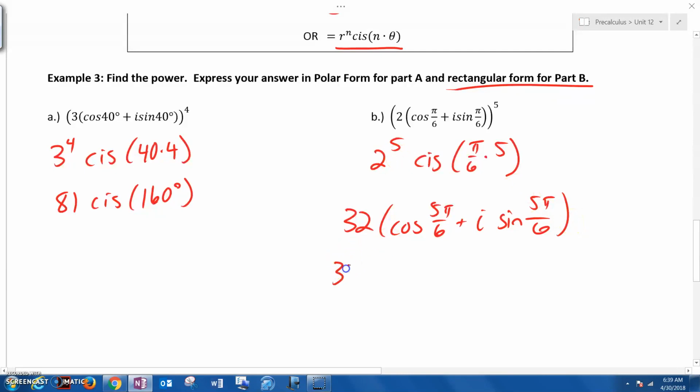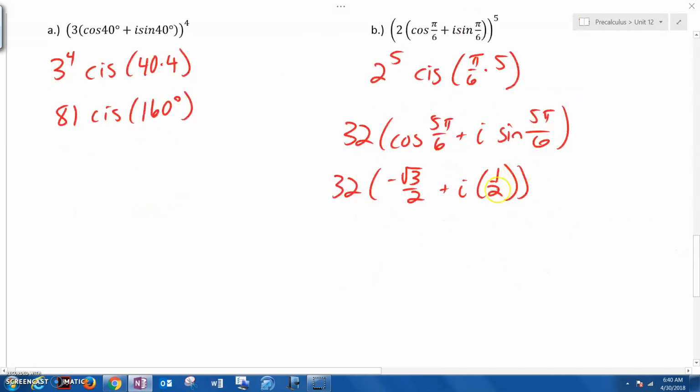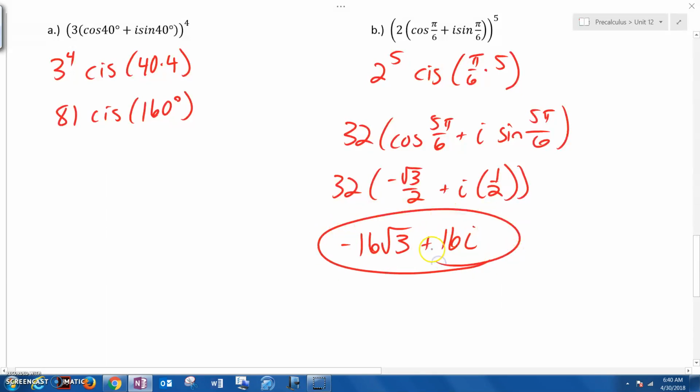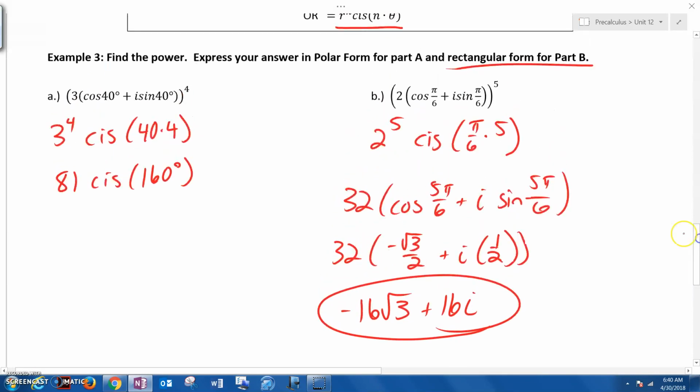Now we have to figure out what those values are. That's a 30 reference in quadrant 2, which means the x would be negative root 3 over 2 plus i times 1/2, because sine is positive in quadrant 2. Half of 32 is 16, so negative 16 root 3 plus 16i. That would be the final answer in rectangular form.